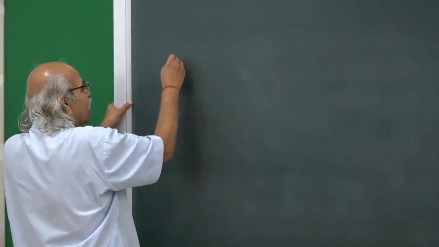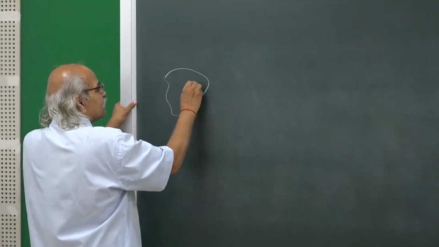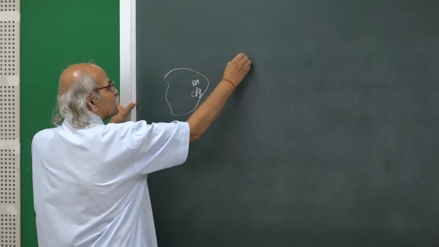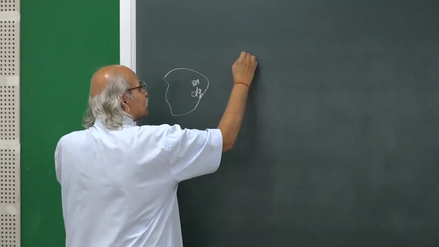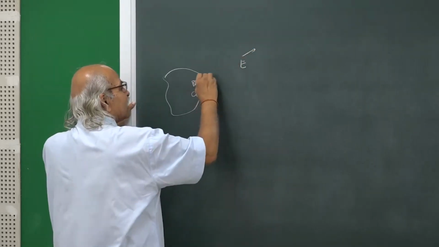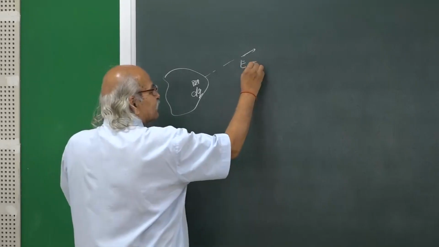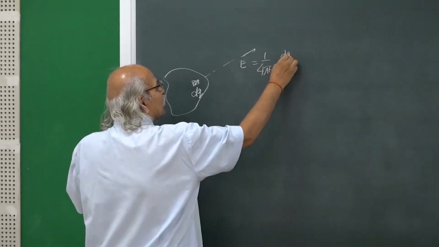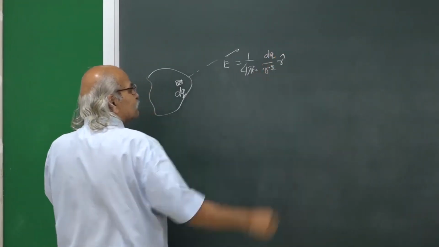If you have some charge distribution somewhere, and then you take a small charge dq here and ask what is the electric field because of this dq, you know it is in the radially outward direction if it is positive charge, and that is 1 by 4 pi epsilon naught dq by r square in r cap direction.